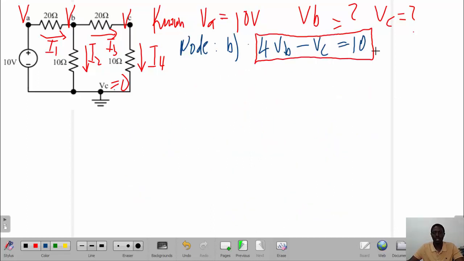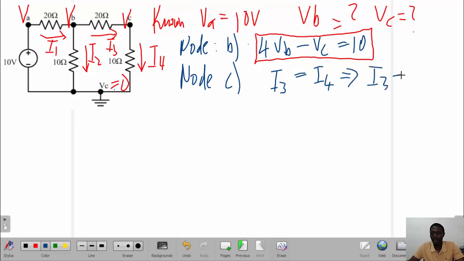Okay, now that we have the equation for node B, we go to find the equation for node C. Now, if you look at node C, we've got the current entering, which is I3, and the current leaving, which is I4. So in short, we are saying I3 must be equal to I4, which we can write in other ways as I3 minus I4 equal to 0.